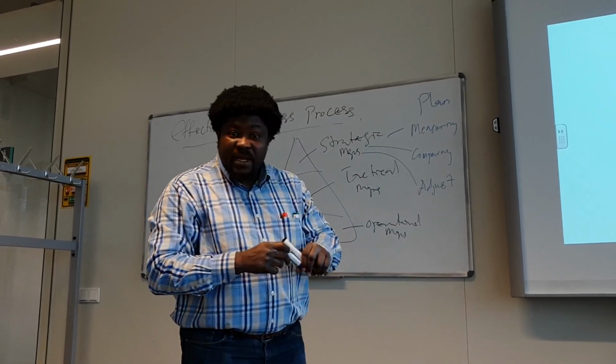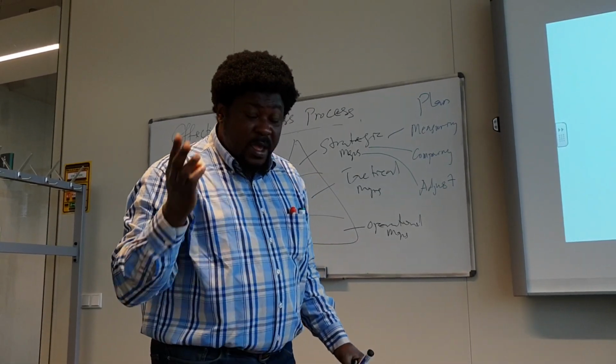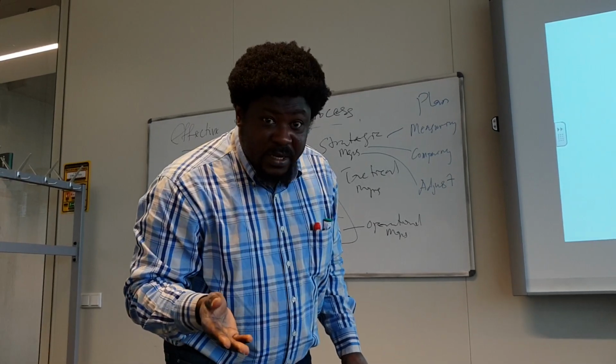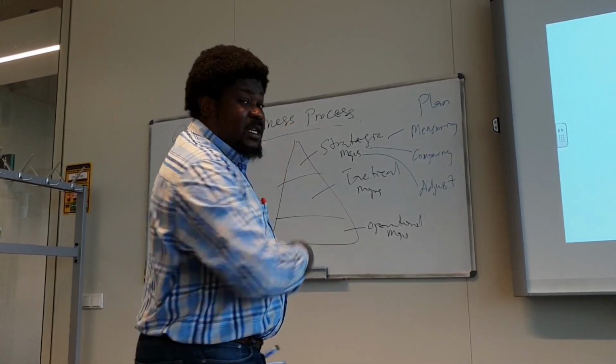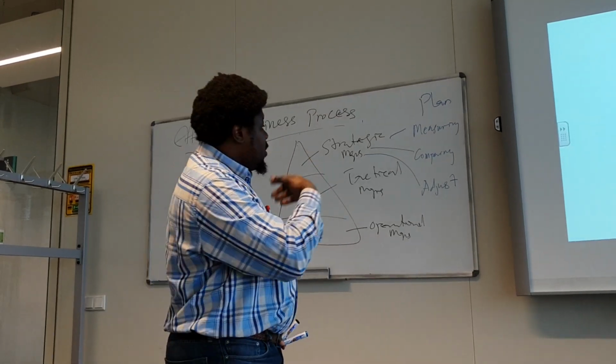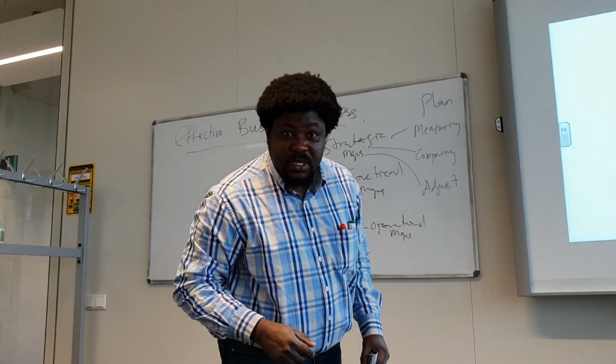So strategic managers within any organization, whether it's a profit-making organization or a non-profit making organization, these big guys, must be involved in the planning, measuring, comparing, and adjusting of the organization's business processes.